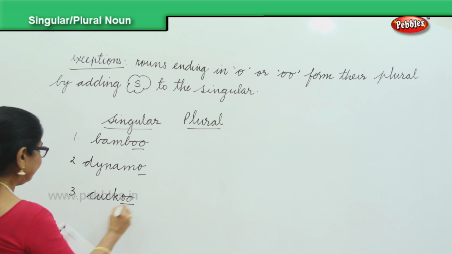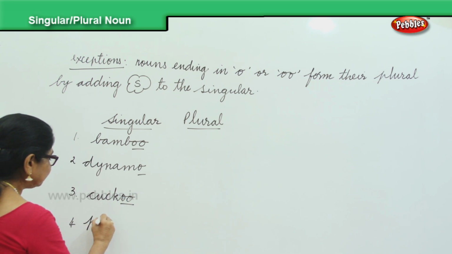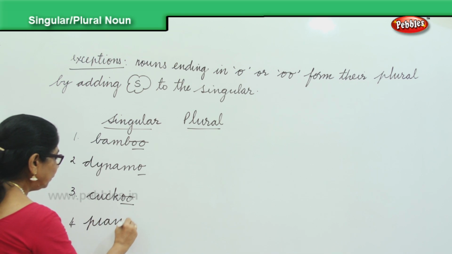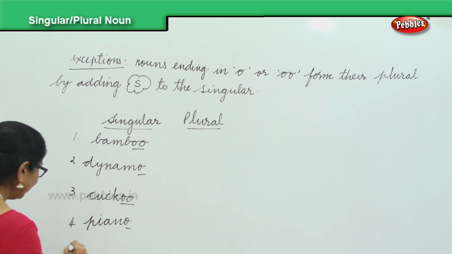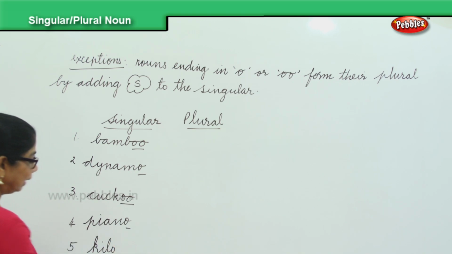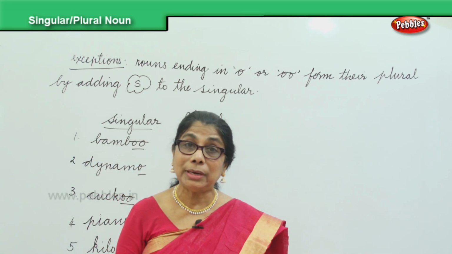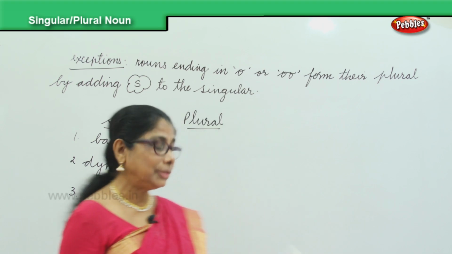Double O here. Then I have here piano. Piano, you have single O. And finally I have kilo. There are five exceptions, and these form the plural by simply adding S to the singular.